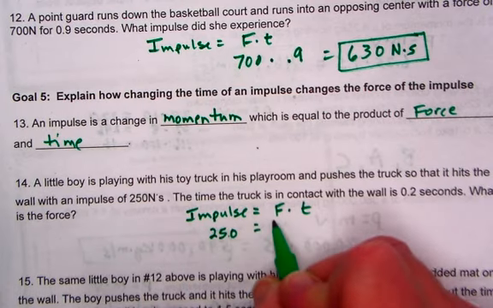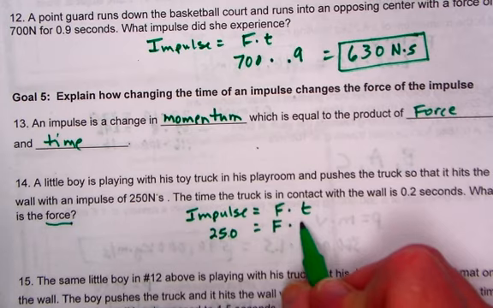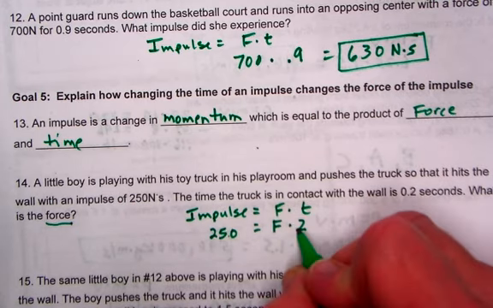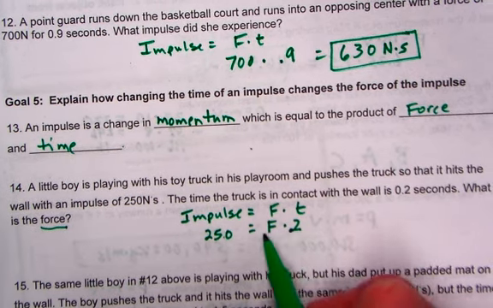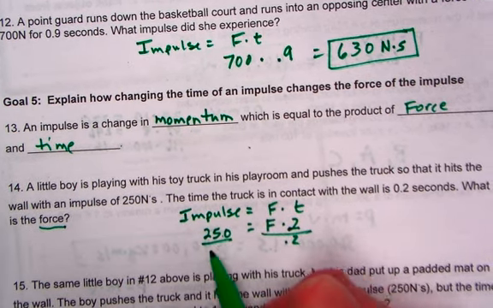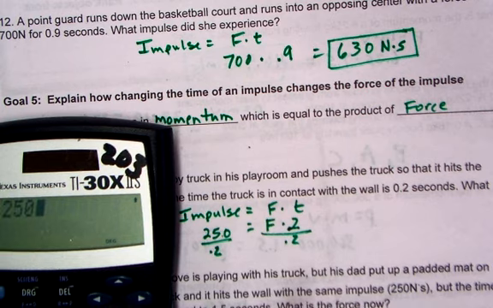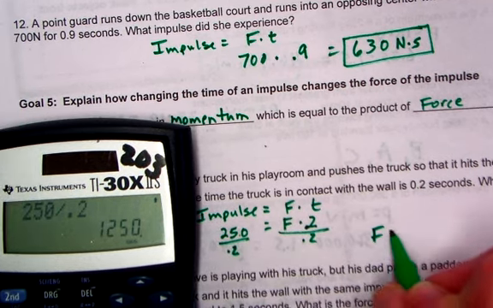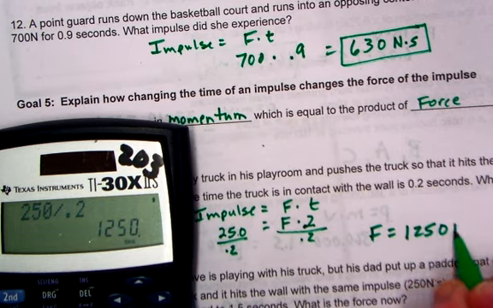My force is what I'm looking for. And the time is 0.2 seconds. So how do I get rid of the 0.2? I divide both sides by 0.2 to solve for force. So 250 divided by 0.2 turns out to be, the force would be 1,250 newtons.